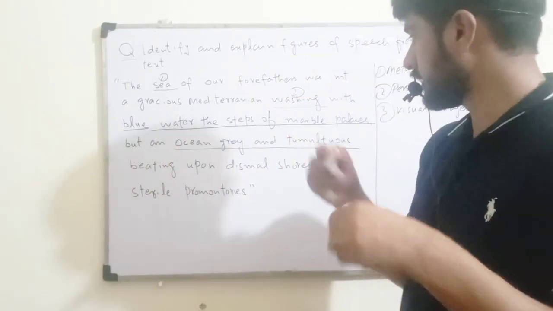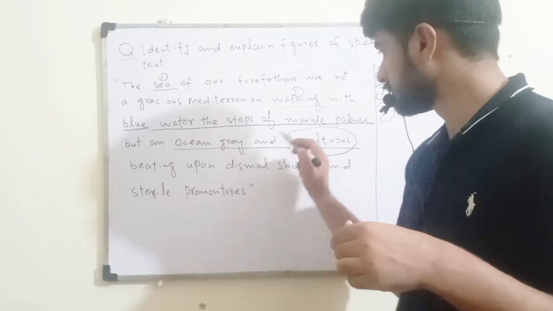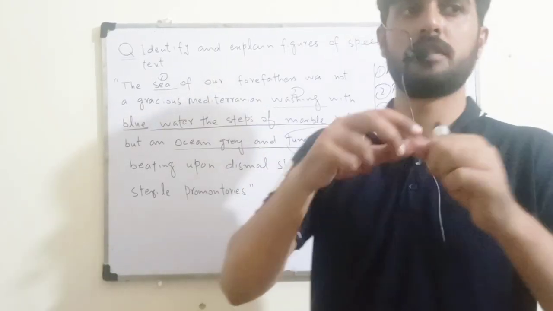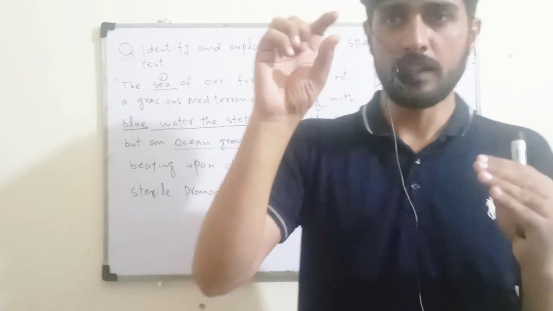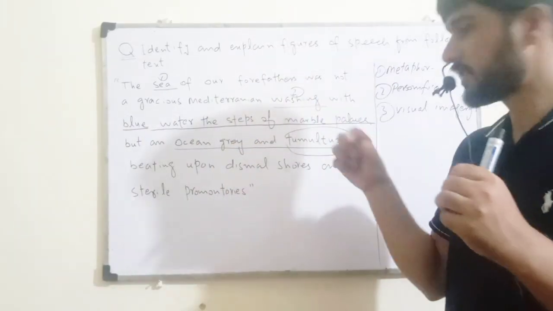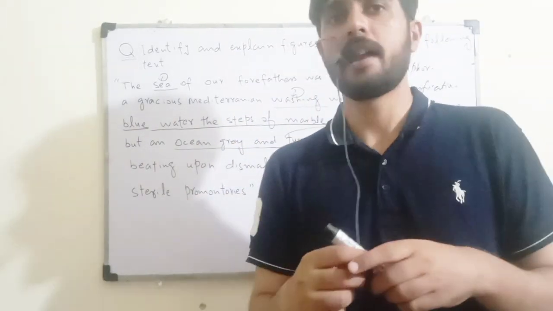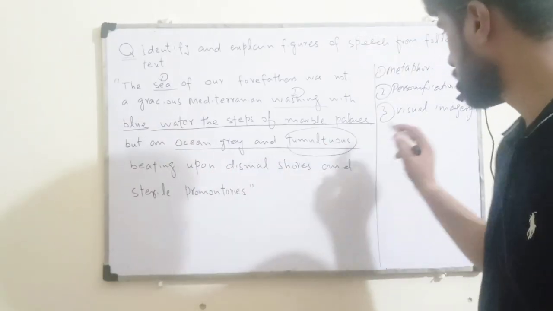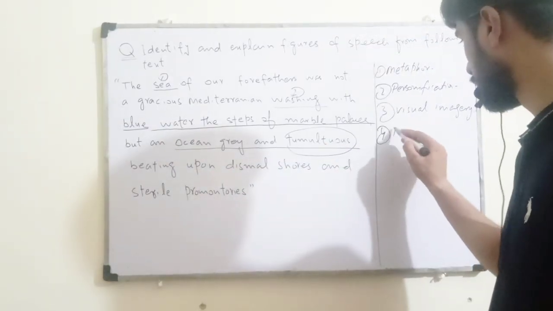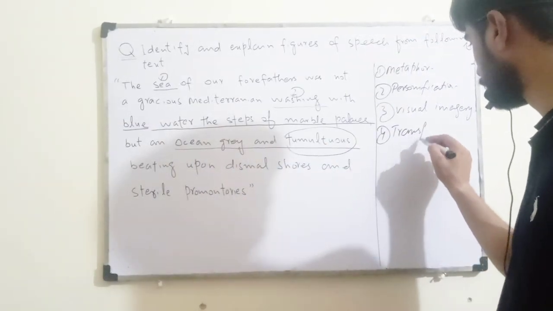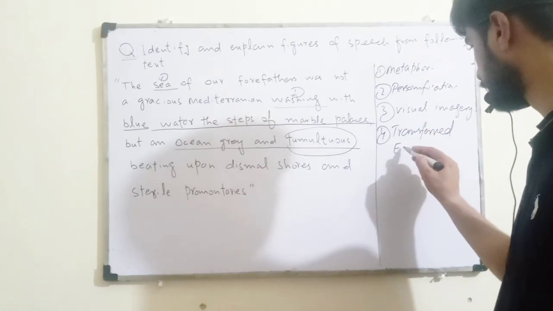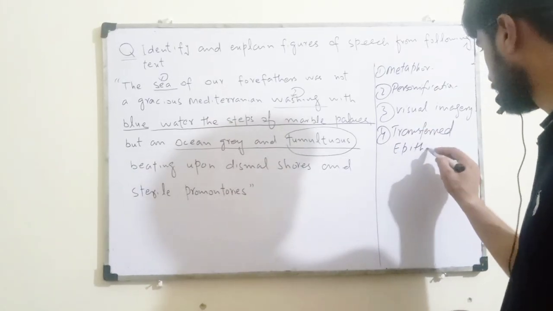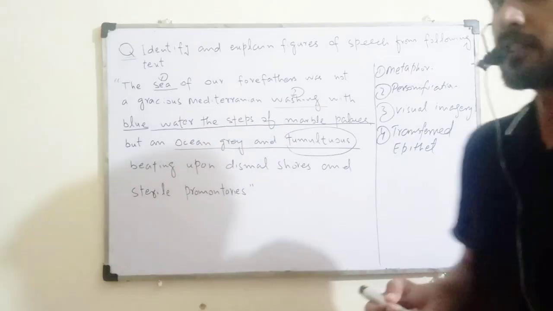Tumultuous is a characteristic. There are two poetic devices that resemble each other in some ways: first is personification, and second we call transferred epithet.